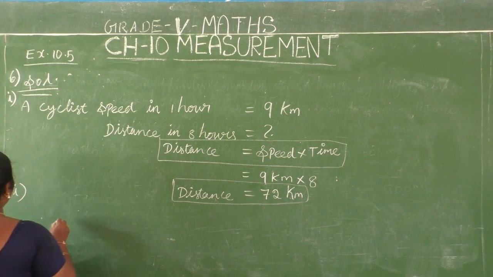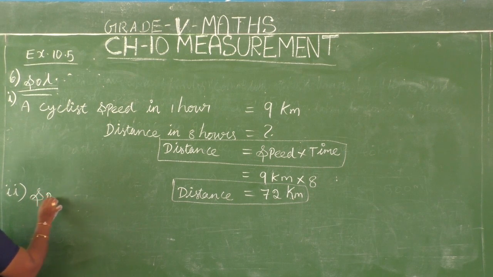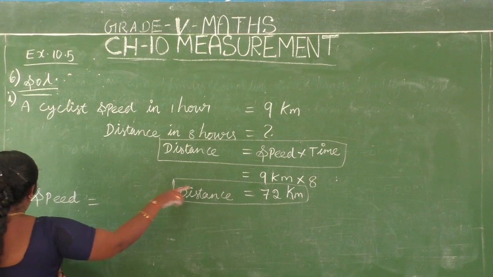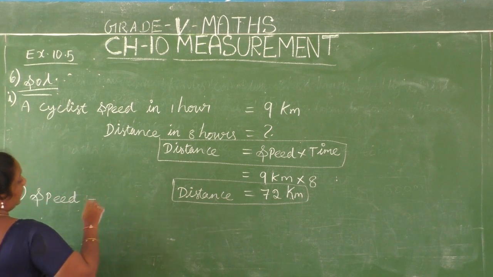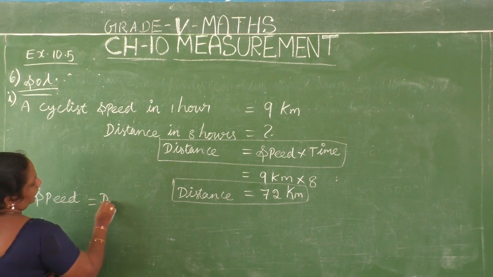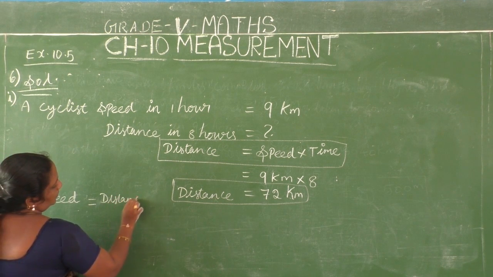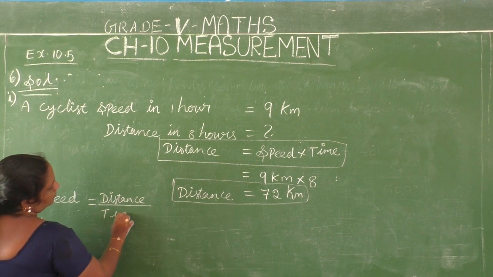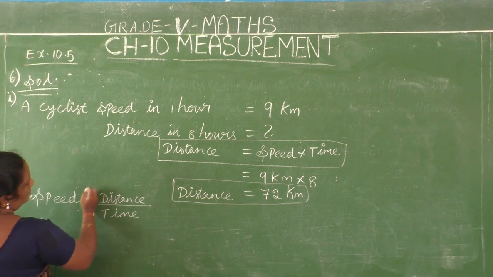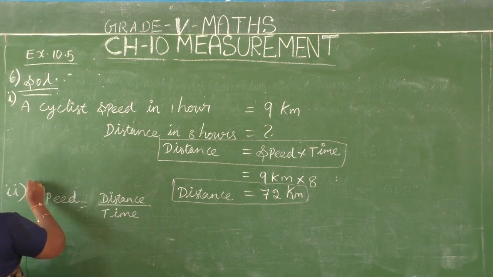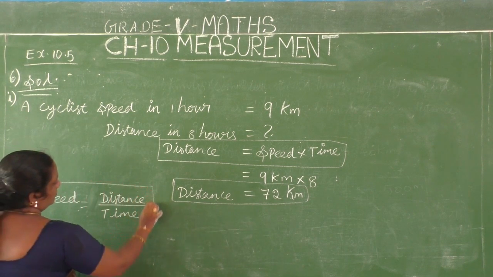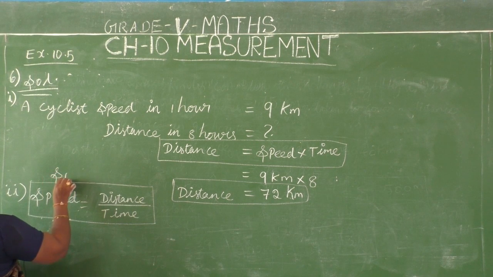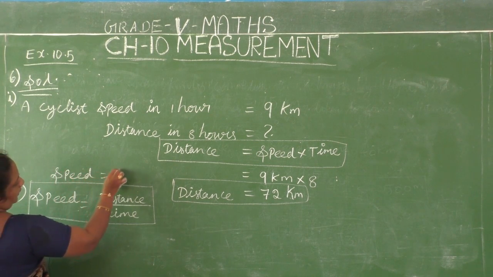Okay. So in the same question, the second sub-question. Here I am going to find the speed. What is the formula to find the speed? Distance by time. We don't know the speed here, so we are going to find out the speed.